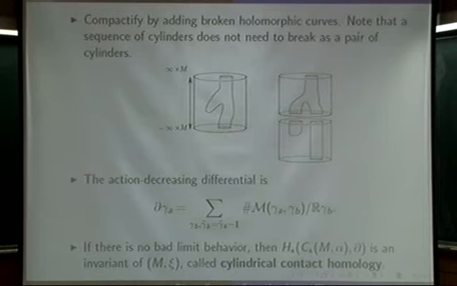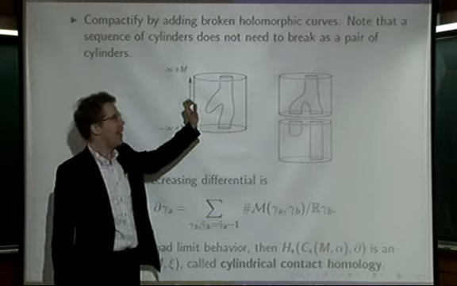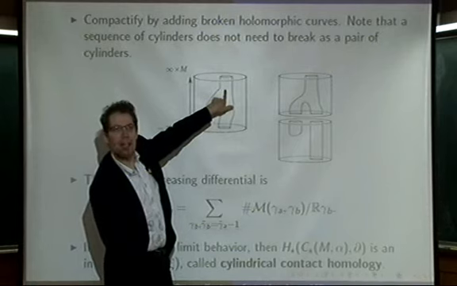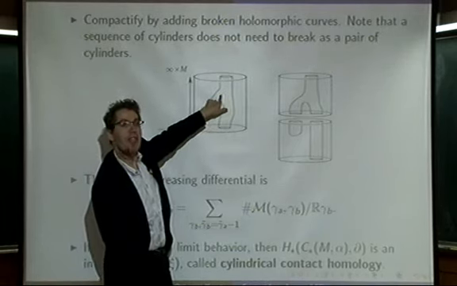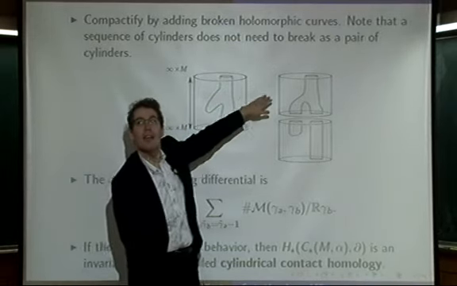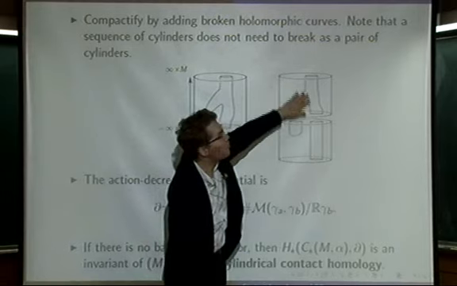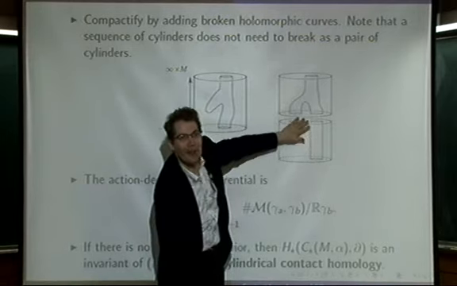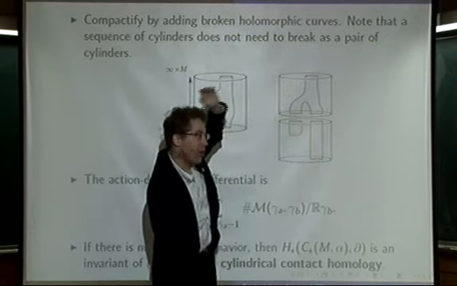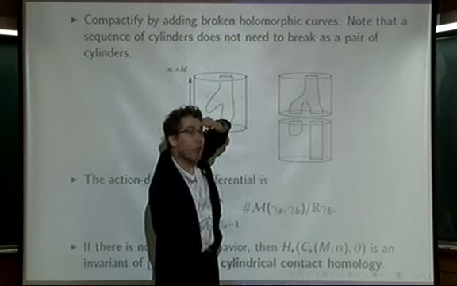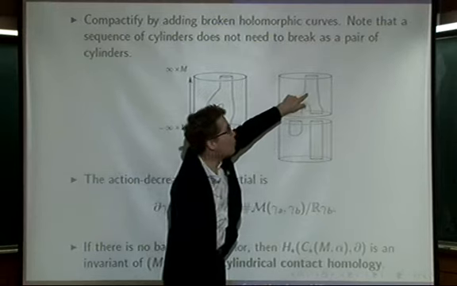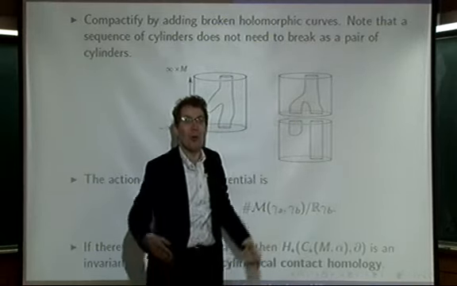In general, if you believe the index formula, then you can also look at this picture. We are interested in one-dimensional families of holomorphic curves, which means index difference 2. This 2 is the Fredholm index, and the Fredholm index is additive, so it needs to distribute over these two things here. If I assume that all moduli spaces are cut out transversely, then for a holomorphic curve to exist, the index must be non-negative. So I need to write 2 as a combination of 0, 1, and 2.